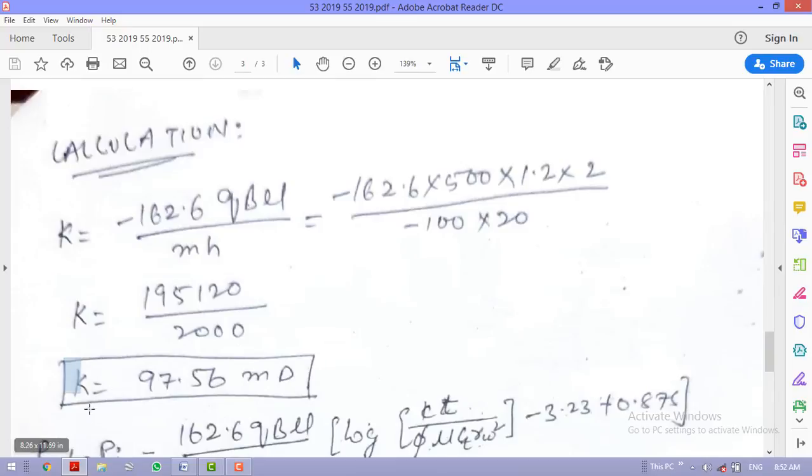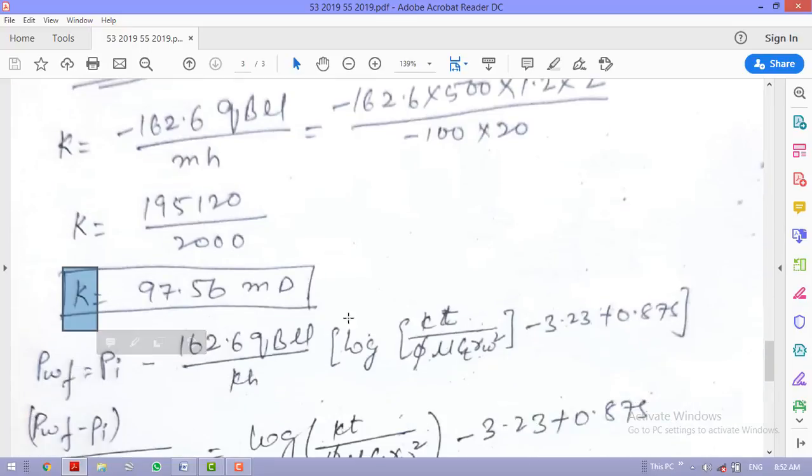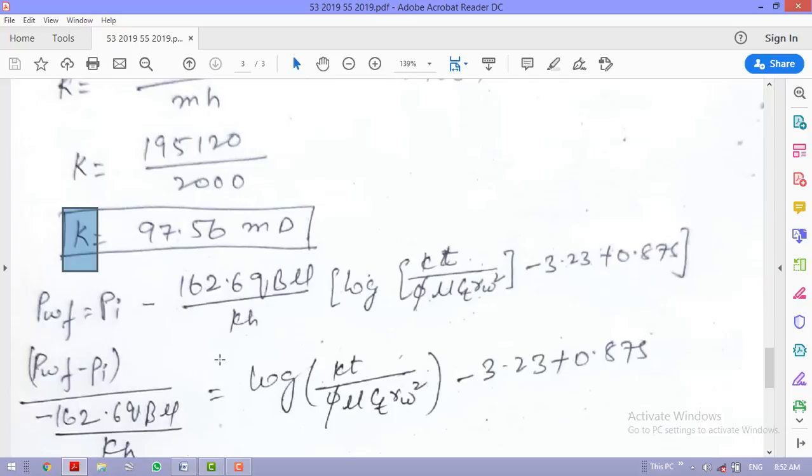Now I have permeability and every other piece of data used in this formula to find the skin factor. So I am first going to simplify the equation in terms of skin factor.